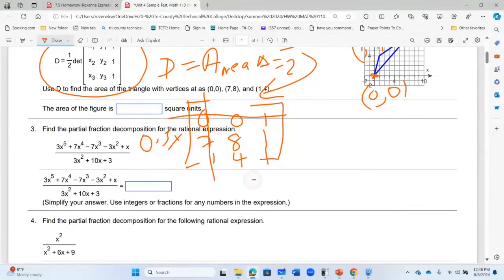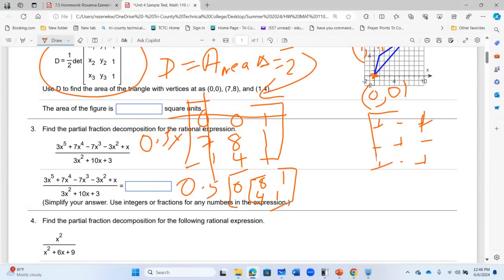So the first one is 0.5 and then multiply: 0 times the minor of 8, 1, 4, 1, which is going to be 0 anyway. And let me go to my signs again: plus, minus, plus, minus, plus, minus, plus, minus, plus.